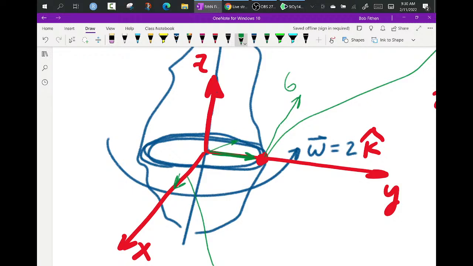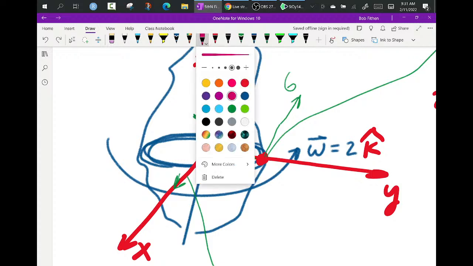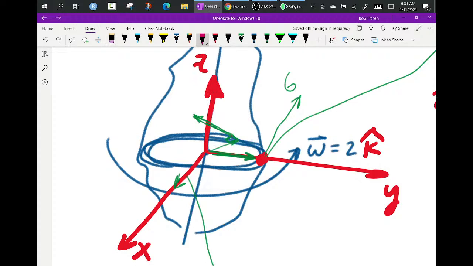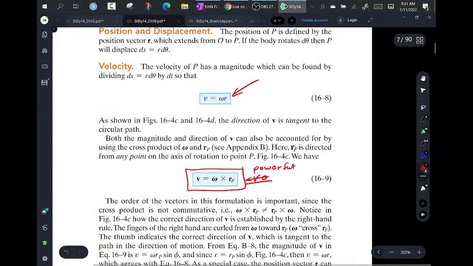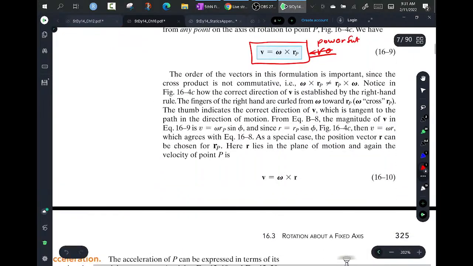Then it's going to be tangent to its path, heading off this direction. And in every single case, these are going to be 90 degrees to each other. So cross products are your friend here.